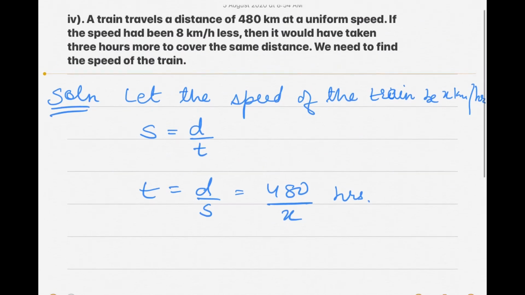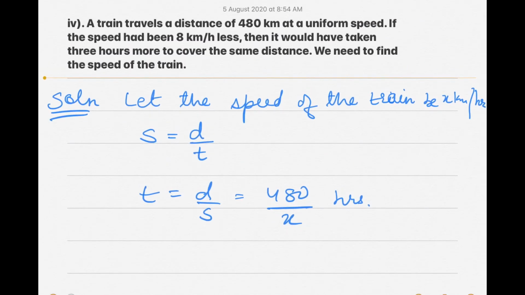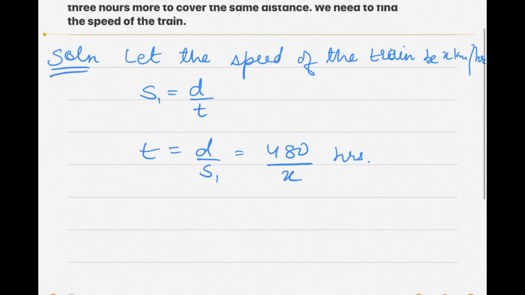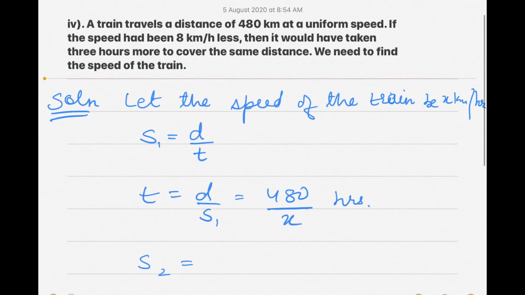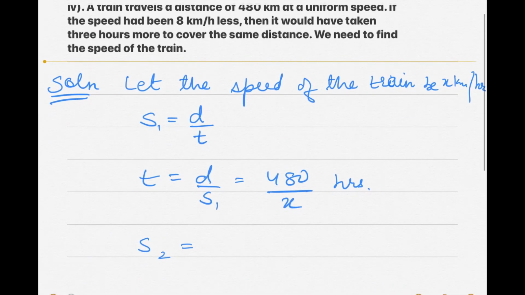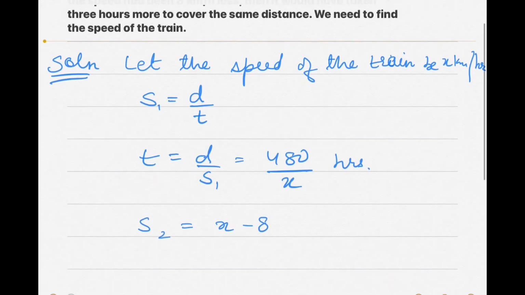So this is my speed 1, that is the speed formula. Now suppose the second speed, when it is 8 km per hour less, so now my speed has become x − 8. It would have taken 3 hours more.